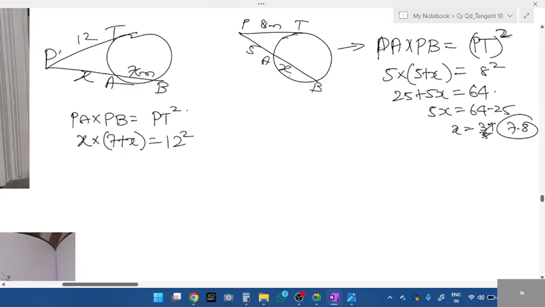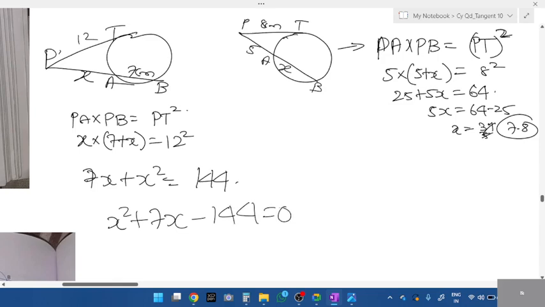If x is given inside, it is simple, students, but the same x is given outside, you get a quadratic. 7x plus x square is equals to 144. X square plus 7x minus 144 is equals to 0. So sum and product rule, minus 144.